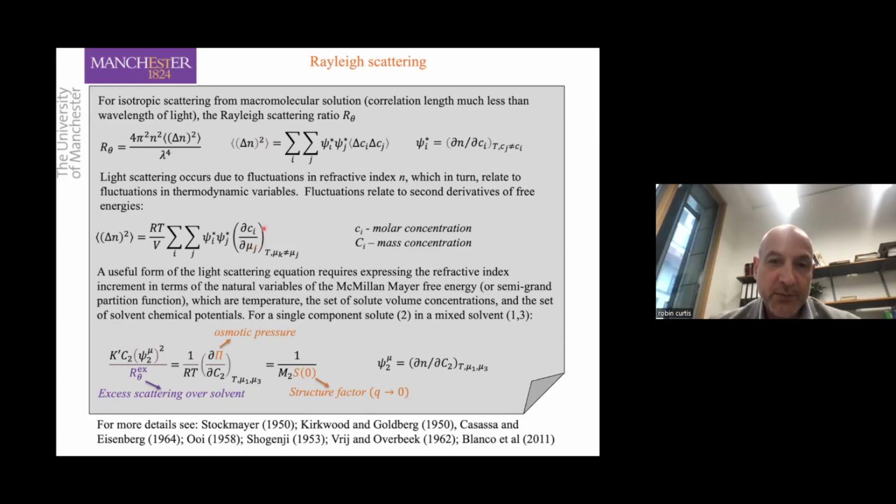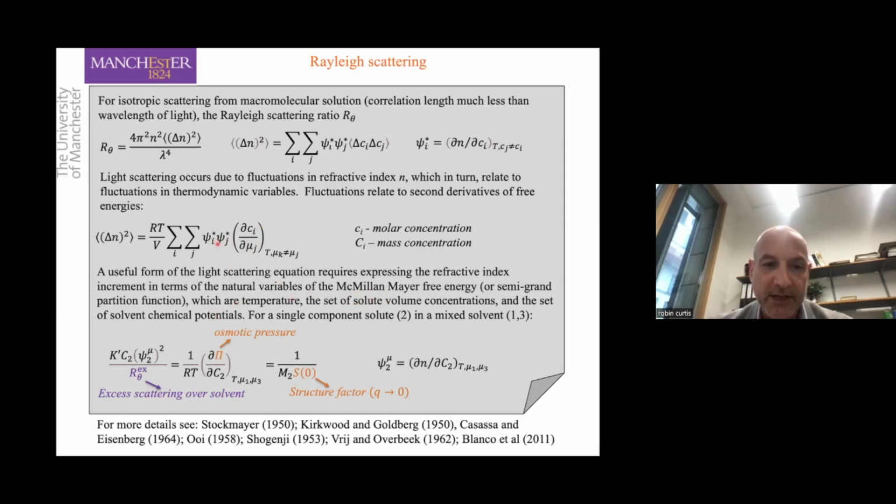There are various approaches for doing the thermodynamic analysis. The approach that we utilize is to rewrite these refractive index increments in terms of the natural variables given by the semi-grand partition function, or what's called the Macmillan-Mayer free energy, where the independent variables are the volume concentrations of your solute molecules and the set of solvent chemical potentials.